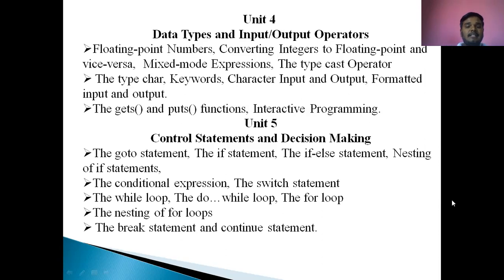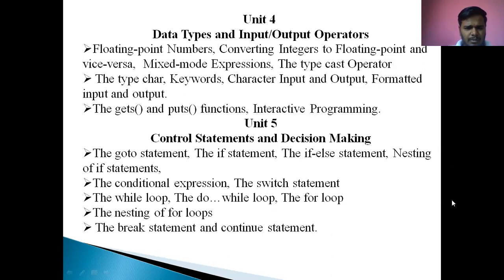Unit 4 is data types and input output operators. In this unit we will learn the basic data types of C programming, that is integer, float, character, double, long, short, the number of data types present in C programming. But in this unit we learn only the basic data types, that is integer, float, character and double.